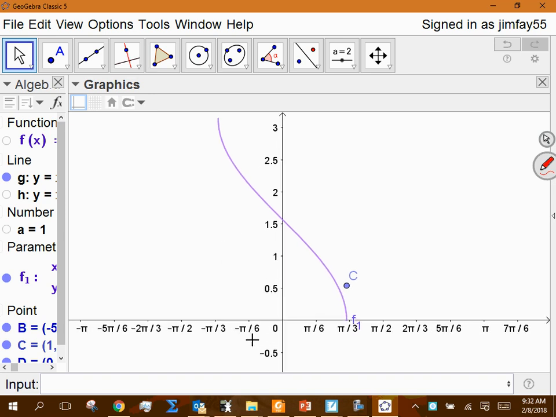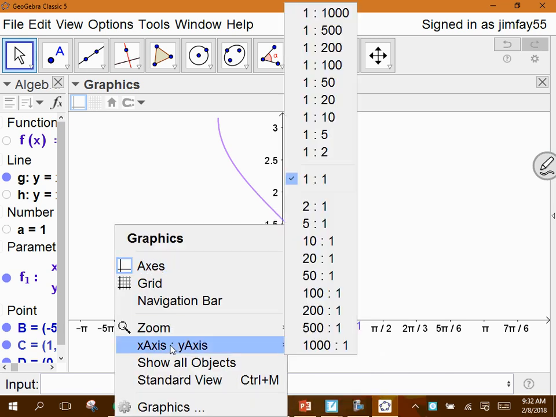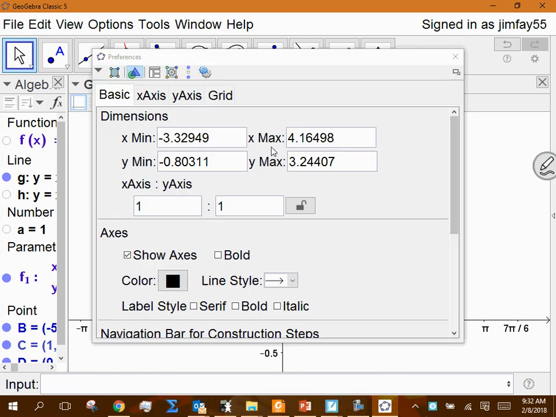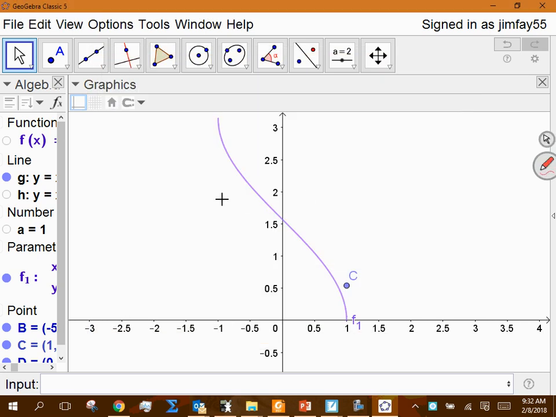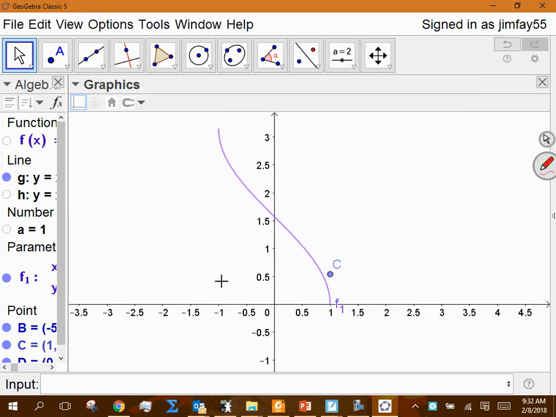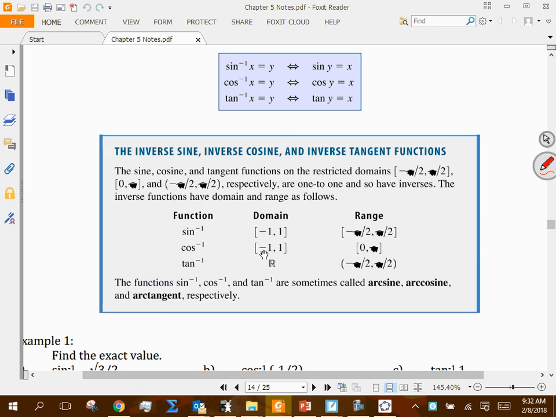Let's get back to the x-axis being labeled with our integers, because the inputs are going to be ratios. If I put my grid lines in here, what is your first x value that you're allowed to use? -1. What's the last x value that you're allowed to use? 1. And that's where we see that the domain for the cosine inverse is -1 to +1.